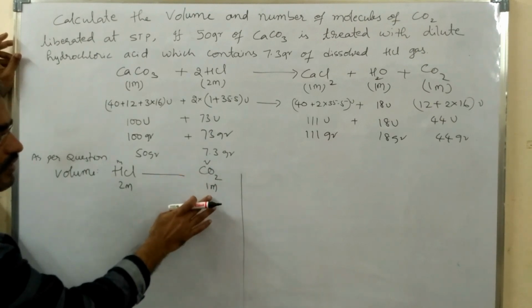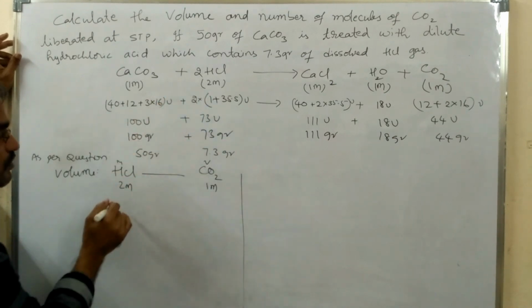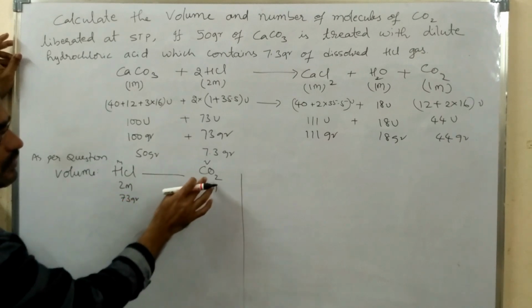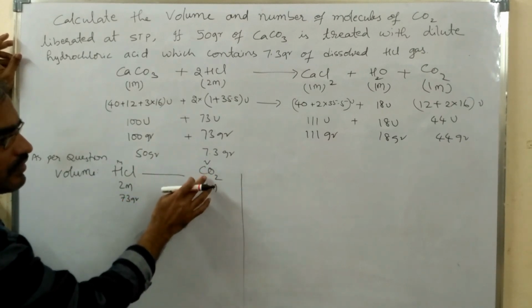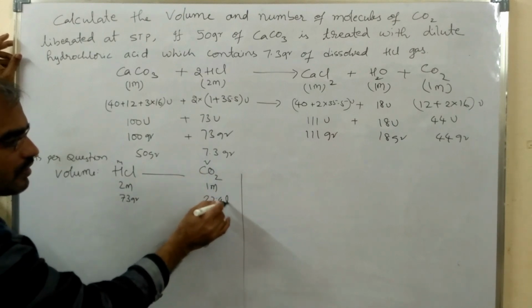Right here volume, right here mass. 2 moles of HCl gas has a mass of 73 grams. Volume: 1 mole of any gas at STP occupies 22.4 liters.